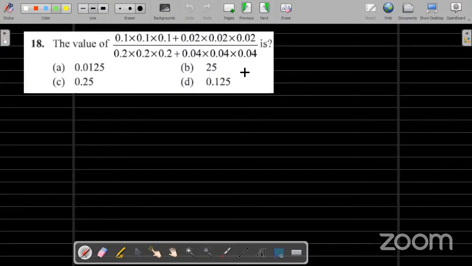Now this expression is 0.1 cubed, that is 0.1 into 0.1 into 0.1, plus 0.2 into 0.2 into 0.2.